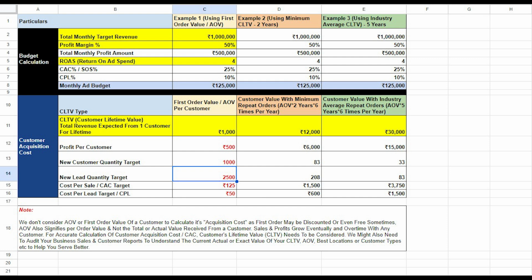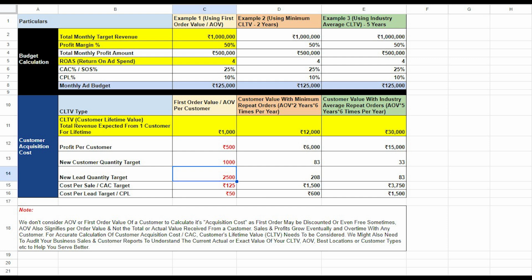Now to acquire those 1,000 customers, even if I consider a 40% rate, where you would be able to convert 40% of the leads that we bring in, that would be 2,500 leads. 40% is a high rate to consider, but even so, it will be 2,500 leads.